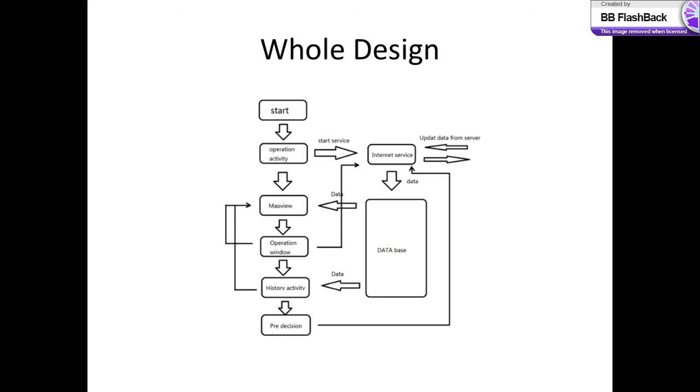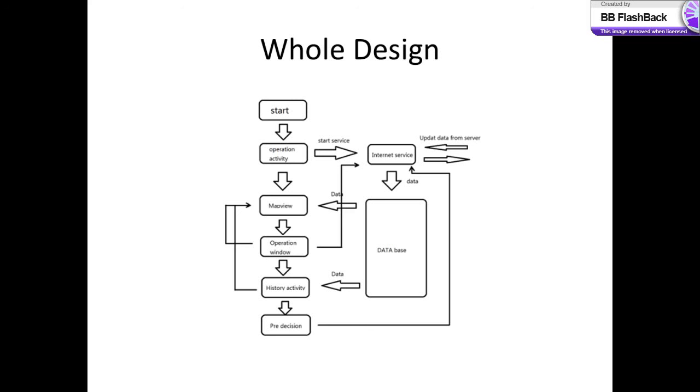For the other parts of the design, we will get the data from the database. For example, the map view. The map view is a very important part of the operation activity. It will show all the data from the server, but the data comes directly from the database.